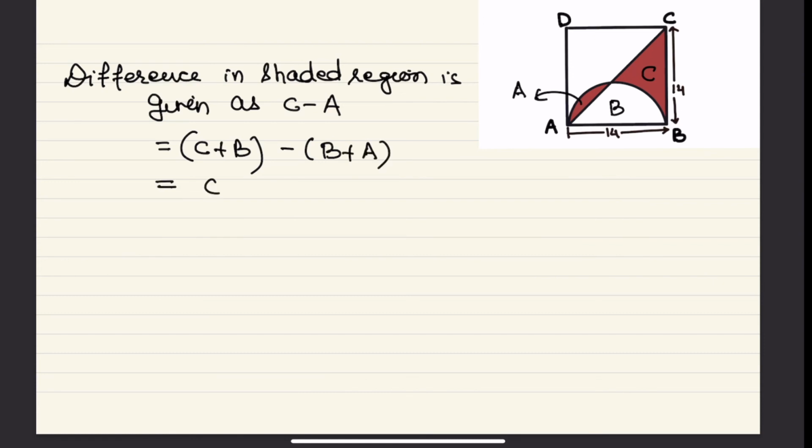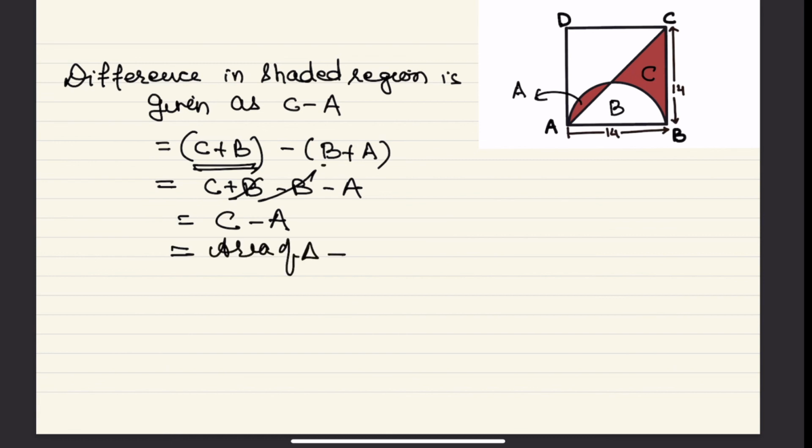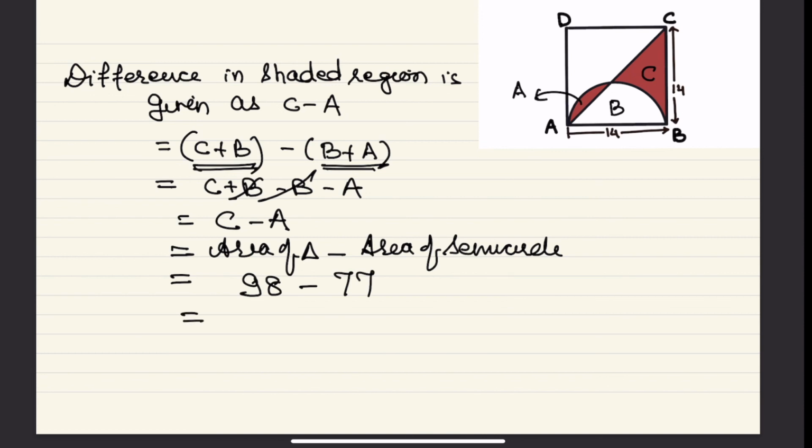So, it will be C plus B minus B plus A, that is equal to C minus A. C plus B is the area of the triangle and B plus A is the area of the semicircle. So, the area of the triangle was 98 centimeter square and that of the semicircle is 77. So, our answer is 21 centimeter square.